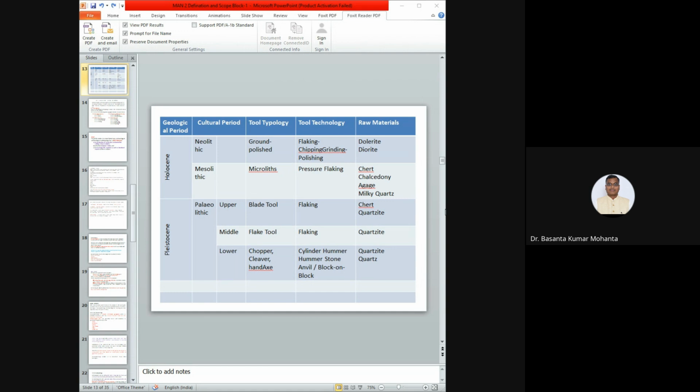So when we are discussing the development of prehistoric studies, it is divided into three major phases, and this division was purely based on material remains, their typology, their technology, their raw material, etc. These three phases are: phase one, which extends from 1863 to 1900; phase two, that is 1900 to 1950; and phase three, that is 1950 onwards till date.